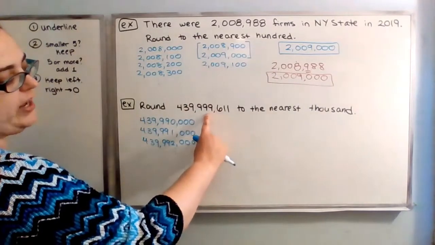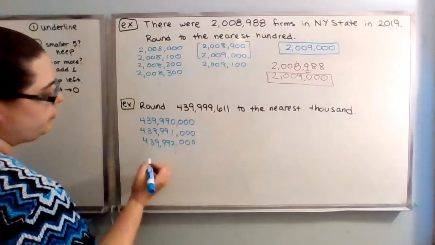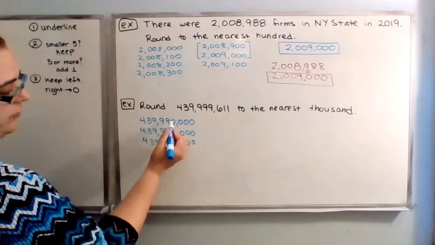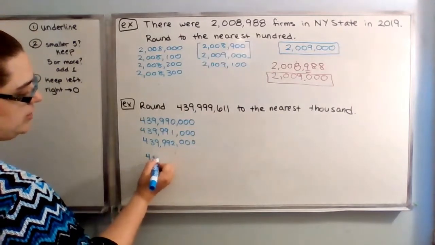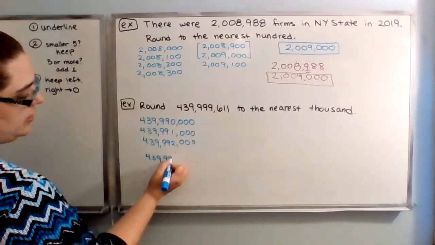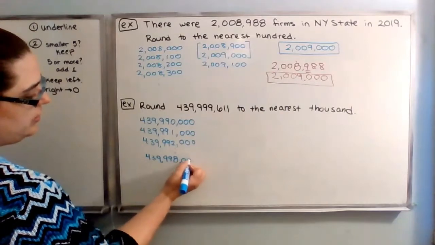So I can see this one, we have a 9,000. So later on down this list, I'd have 2,000, 3,000, 4,000, 5,000, 6,000, 7,000. Then let's say I have 8,000.